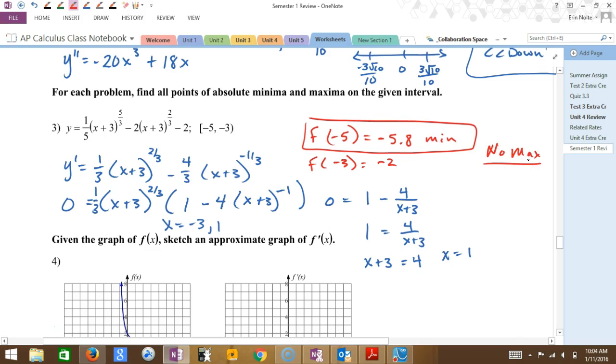I'm gonna graph that just to see what it looks like. How do you get 5.8? I just plugged it in with my calculator. Put like an x around it. Don't clog your mind.